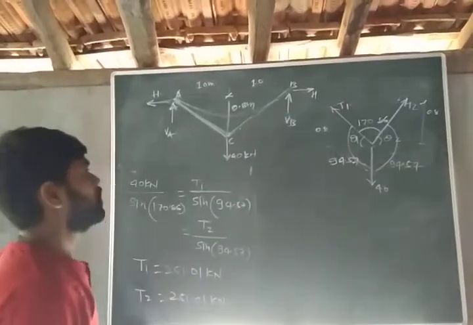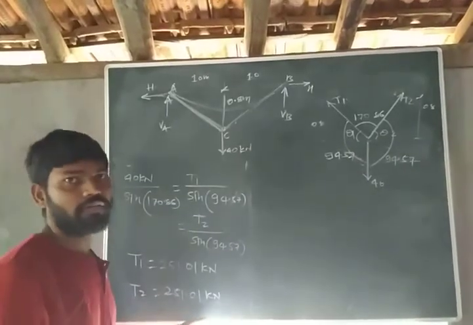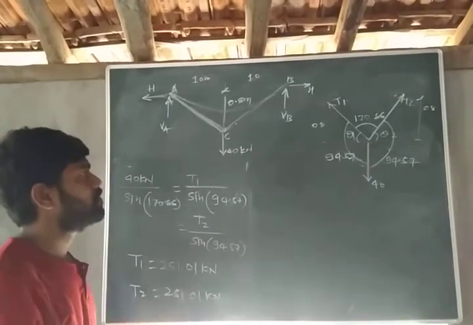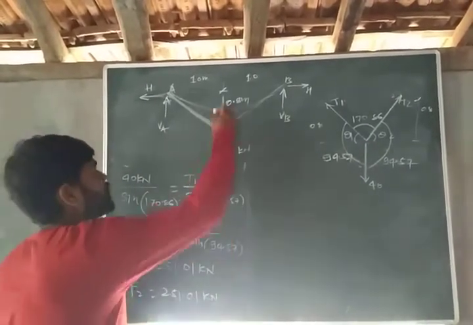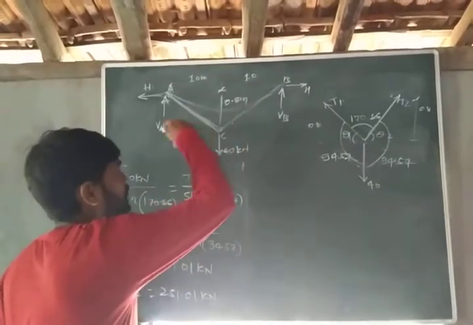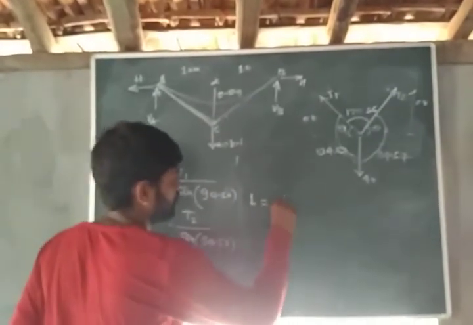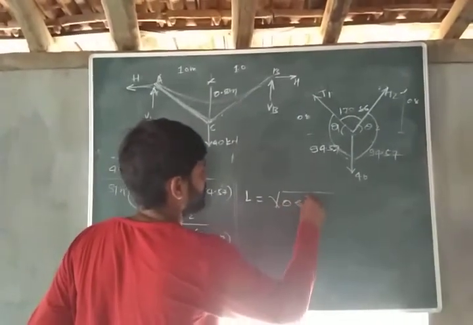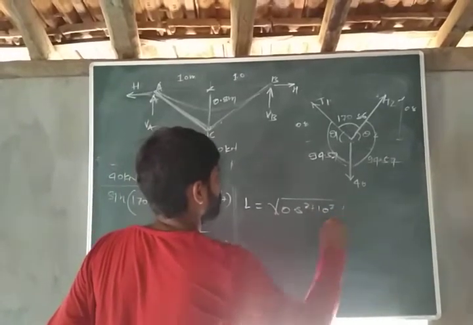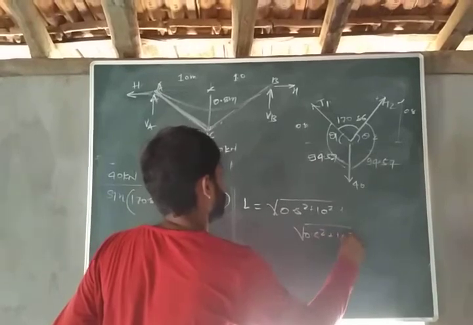Now we will proceed to the calculation of length. The length calculation is very simple. You can use the trigonometric formula or you can use the Pythagoras theorem. So see, this is 0.8, this is 10 and this is 10 again, this is 0.8. If you apply the Pythagoras theorem, you can calculate the length of the cable. So I will apply the Pythagoras theorem here: root of 0.8 square plus 10 square, plus 0.8 square plus 10 square.